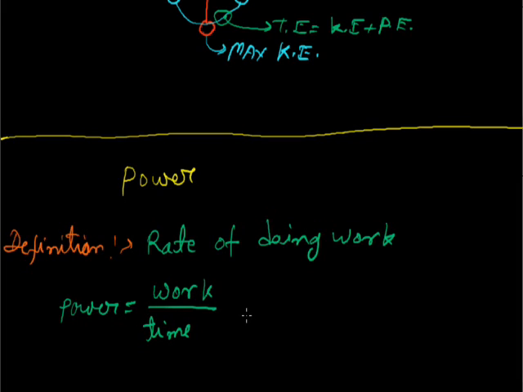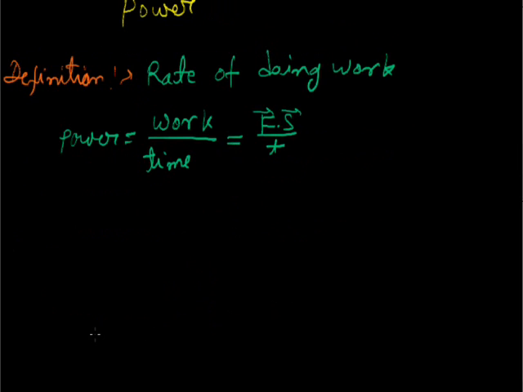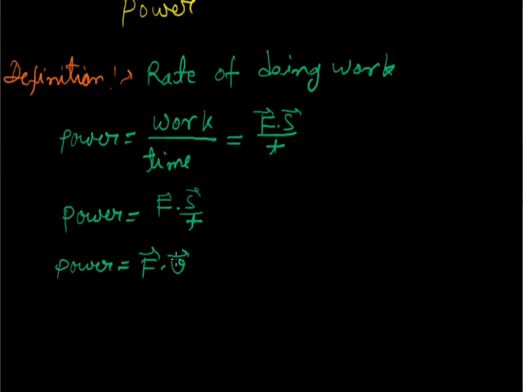And also we can convert this into other forms. Work done is F vector dot S vector upon time t, or power is equal to F vector dot V vector. So these are the formulas of power.